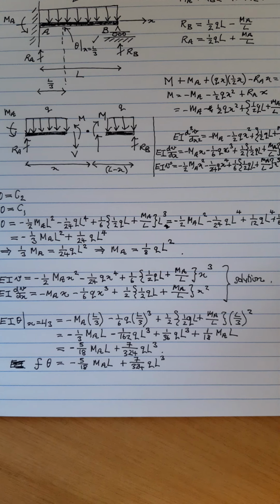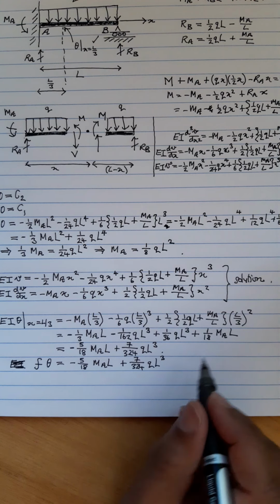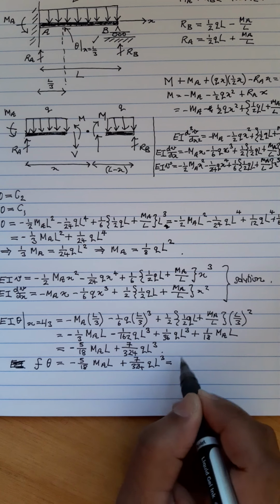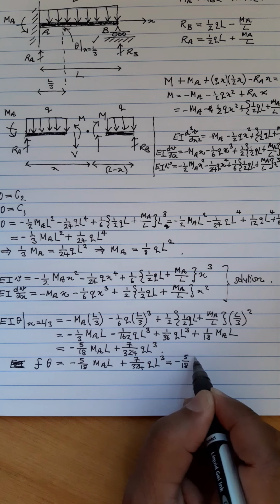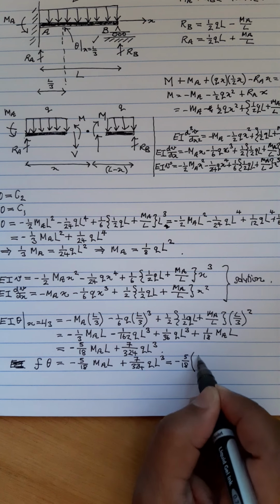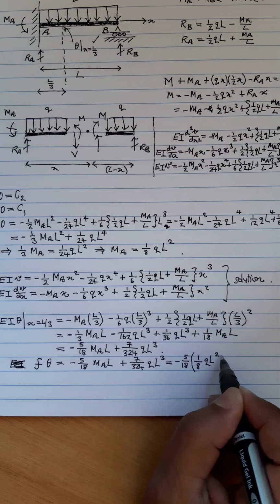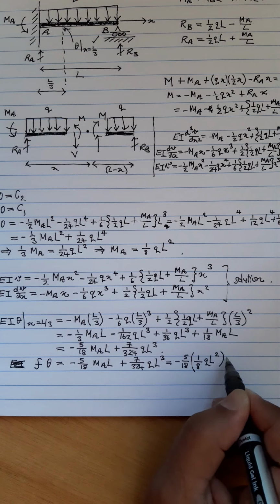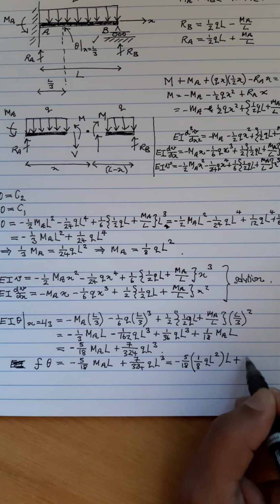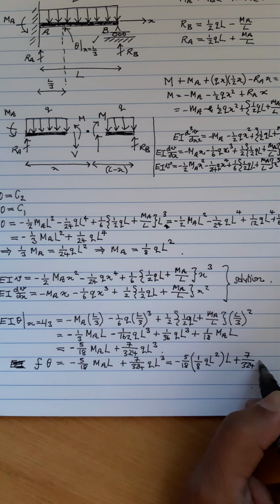And what do we do? We put in our value of MA. So this is minus 5 over 18, 1 over 8 QL squared times L plus 7 over 324 QL cubed.